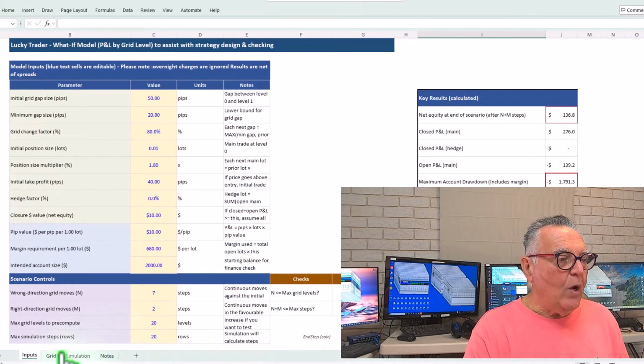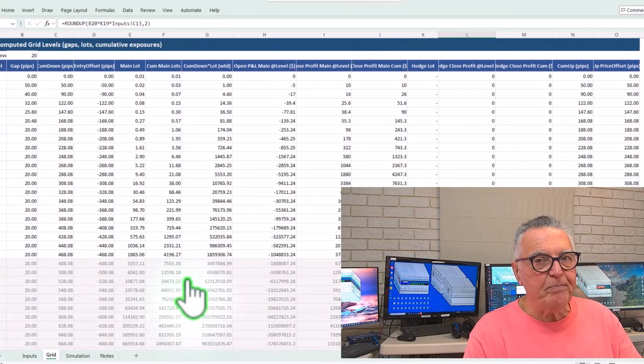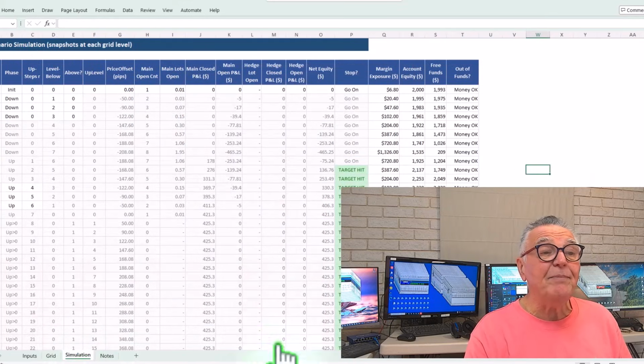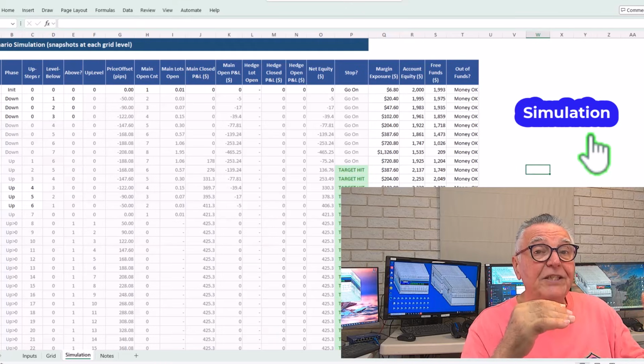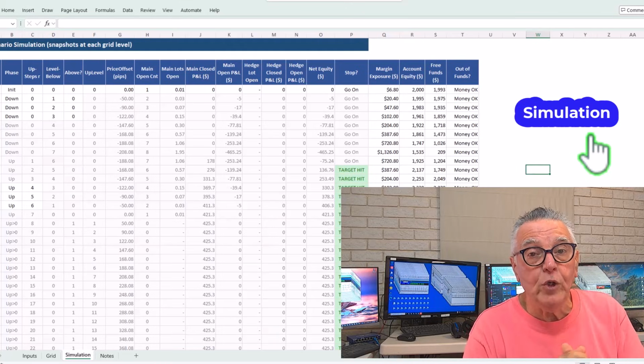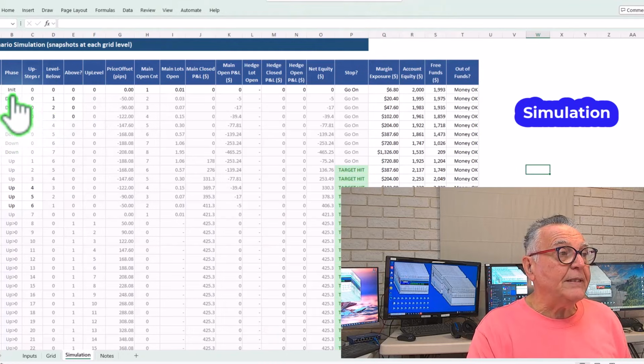And then what's in addition to that, there's a grid calculation sheet. It's merely for calculation purposes. You needn't worry about that. But then there's a simulation sheet that actually shows you the transactions as they would appear on your account at the various grid levels. So for instance, here's the start, then it goes down.